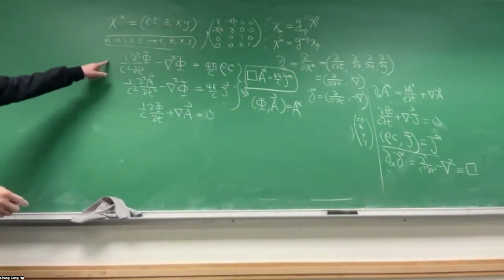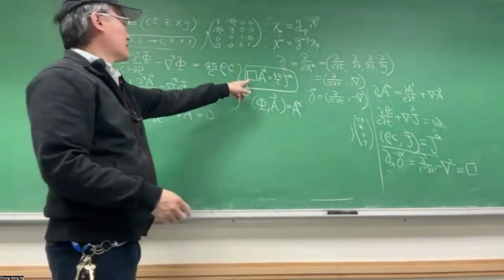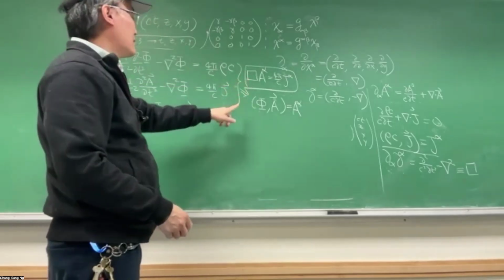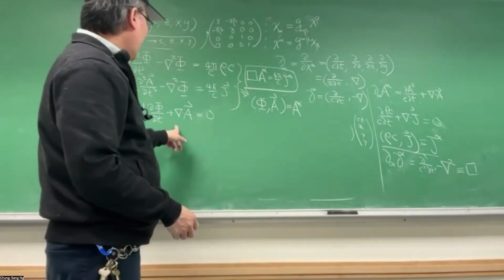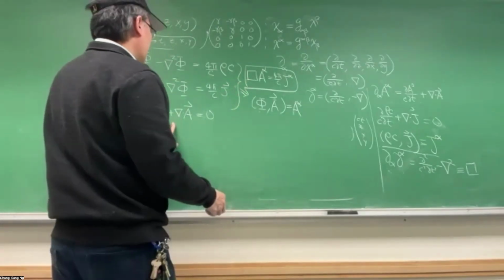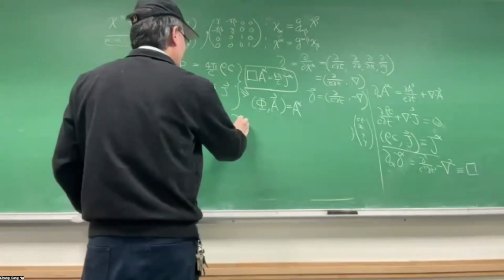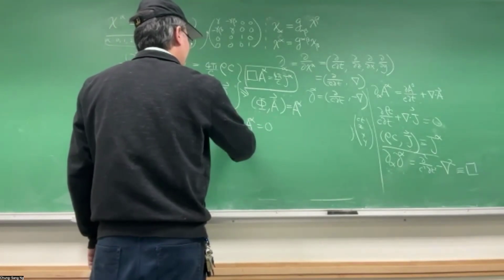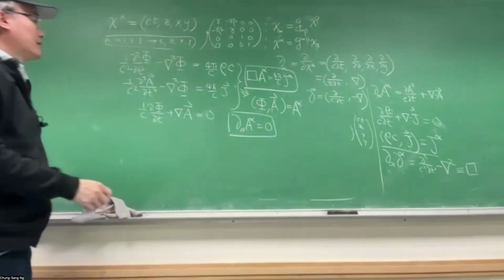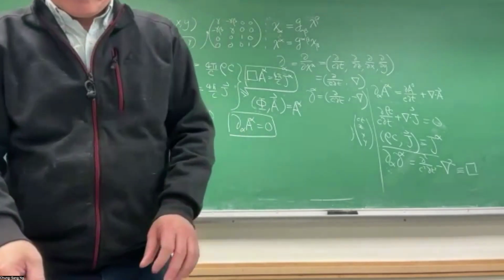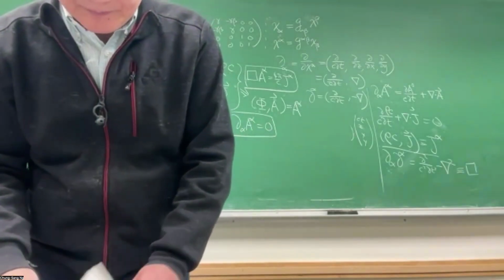Using tensor notation, these two equations become a single equation, instead of two equations, a single equation operating on a four vector. And the gauge transformation, a gauge condition is published. Okay, so that's that.